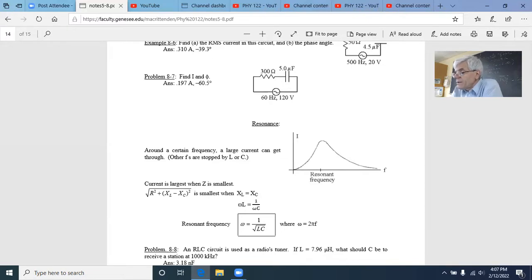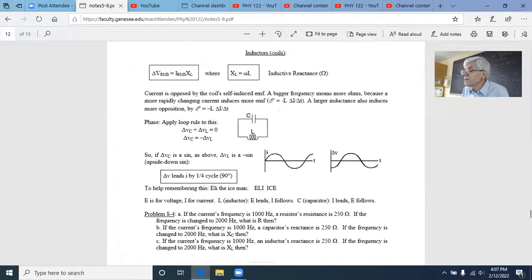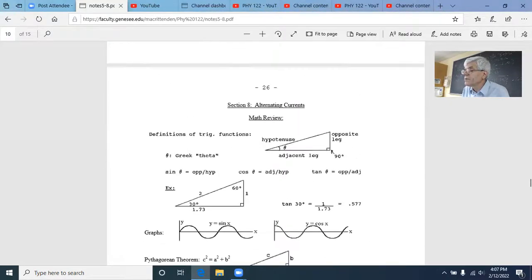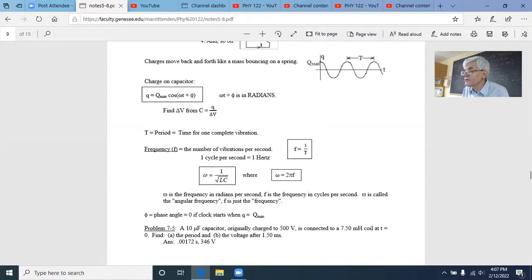So if XL, like I've got this all written out in front of you there, if XL equals XC, well, XL is equal to omega L, XC is equal to 1 over omega C. You rearrange things a little bit, and it turns out that the frequency where you get that maximum response is equal to 1 over the square root of LC, which hopefully seems just a little bit familiar because, if you go back up to the end of the previous unit, here we are at the end of section 7, the frequency of an LC circuit is 1 over the square root of LC.